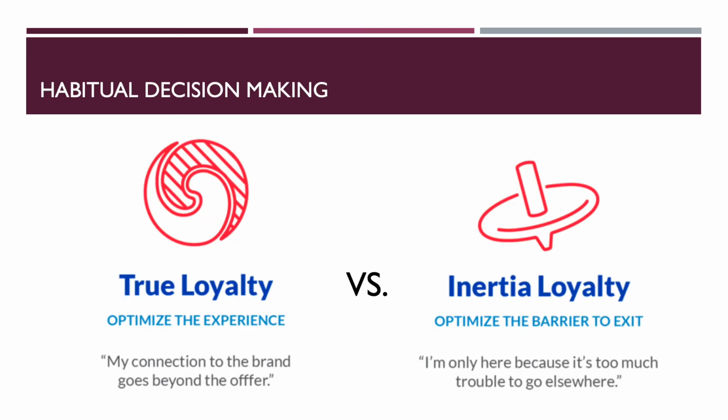Habitual decision making describes the choices we make with little or no conscious effort. Many purchase decisions are so routine that we may not realize we have made them until we look in our shopping carts. When a person buys the same brand over and over, does this mean it's just a habit or is he or she truly loyal to that product?